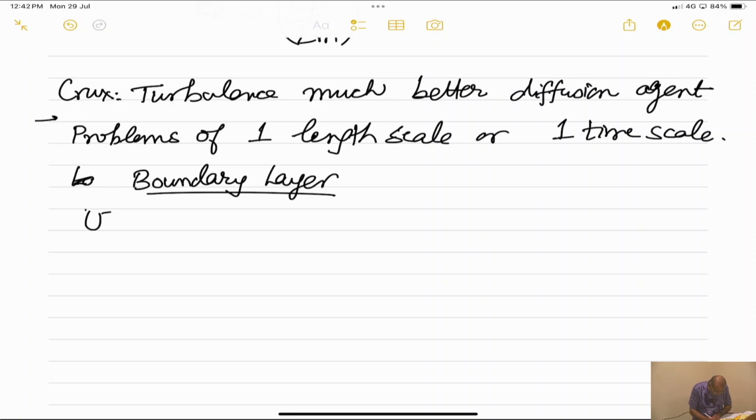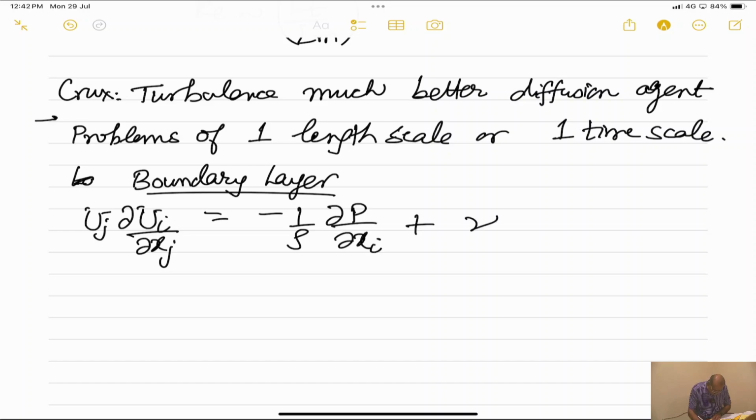Now, this is the Navier-Stokes equation.